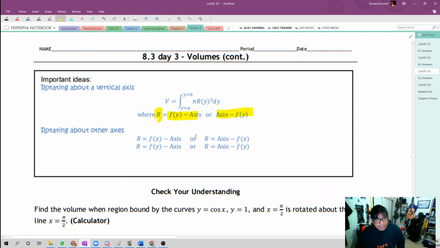So that is our main idea here. Everything else is a little bit of a review. And I guess we should say that there's this idea of rotating about other axes. So it's always either the function minus the axis or the axis minus the function, regardless of whether it's a horizontal axis of rotation or a vertical axis of rotation.